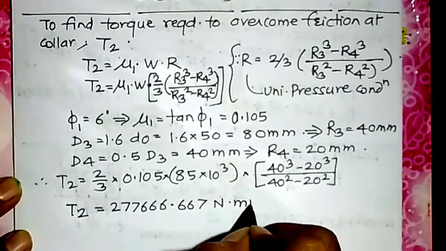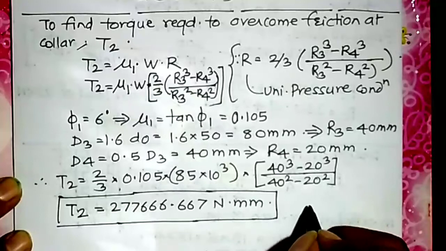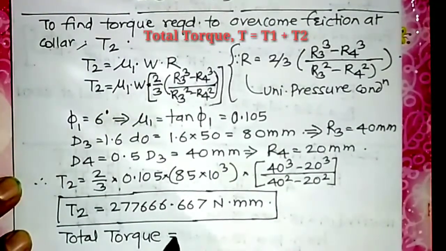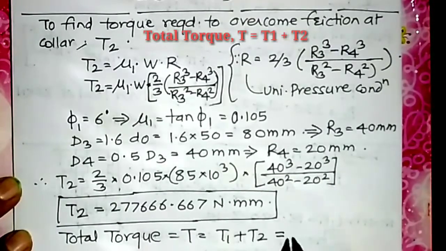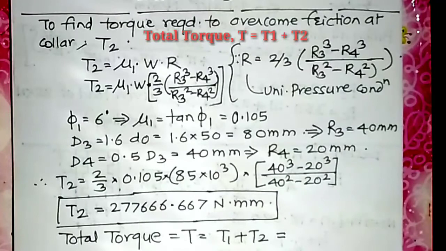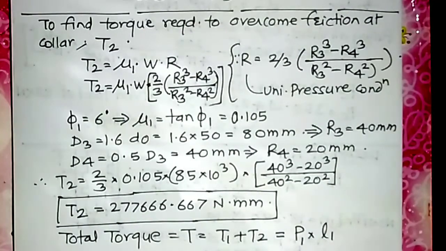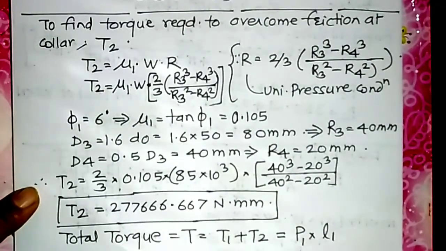D4 is 0.5 times of D3, that is 40 mm, so therefore R4 comes out to be 20 mm. Now putting all the values in the equation, we will get T2. So T2 can be calculated, it comes out to be 277,666.67 Newton per mm square. So this is T2, the torque required to overcome friction at collar.